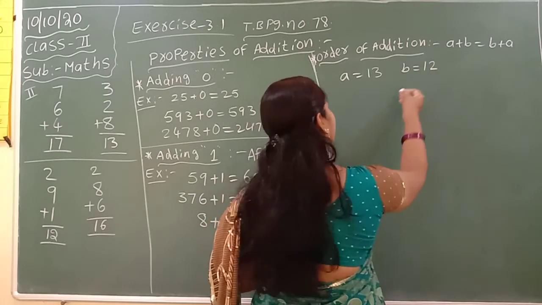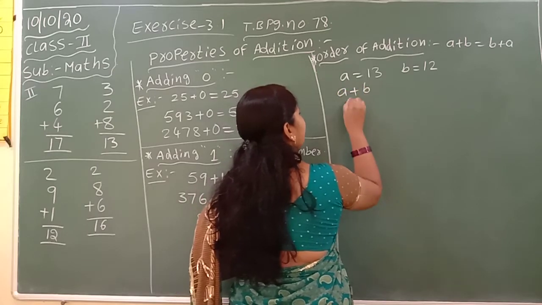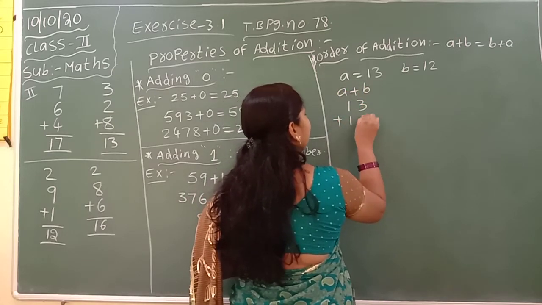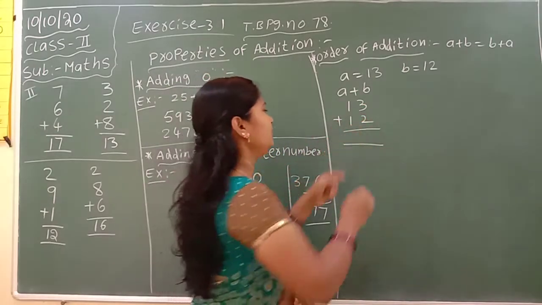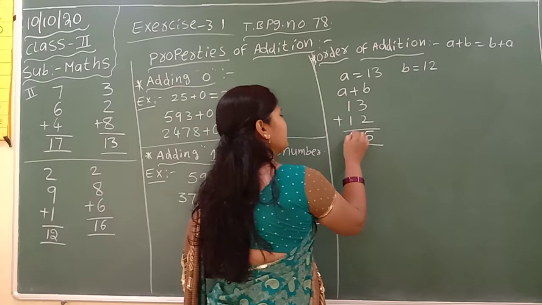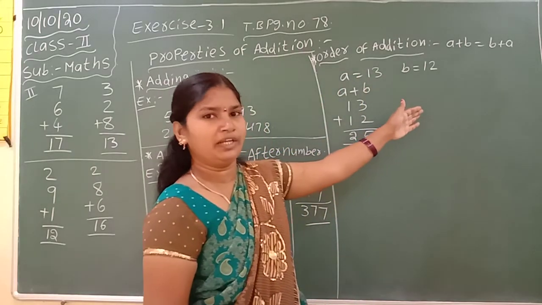Now I am adding A plus B. Here A plus B means 13 plus 12. First add the 1's place, 3 plus 2 is 5. 1 plus 1 is 2. Now I am changing the order of the numbers.